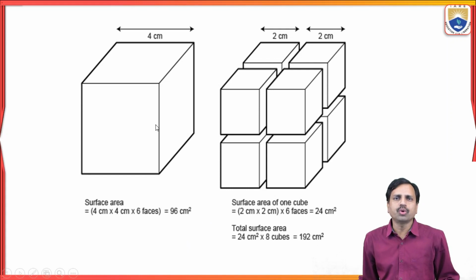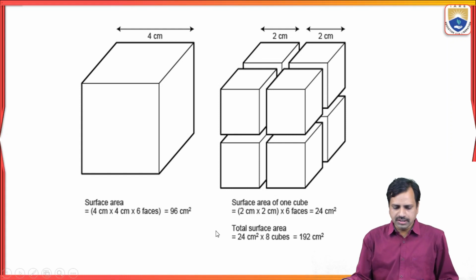The same cube, if we cut it down into 8 pieces, now what is the surface area? 2 into 2 into 6 faces, 24 centimeters square. Each cube will now have 24 centimeters square.